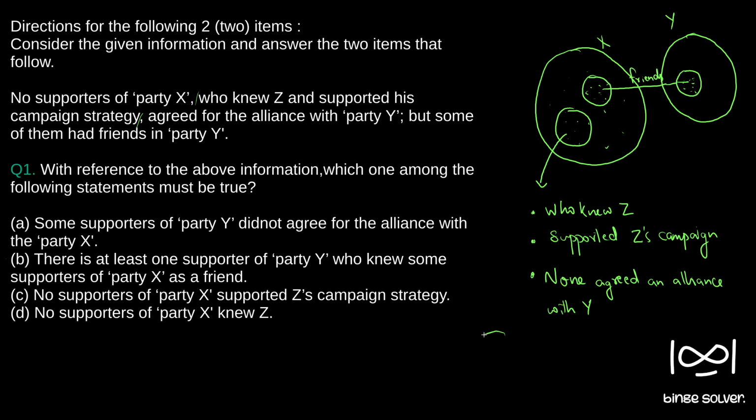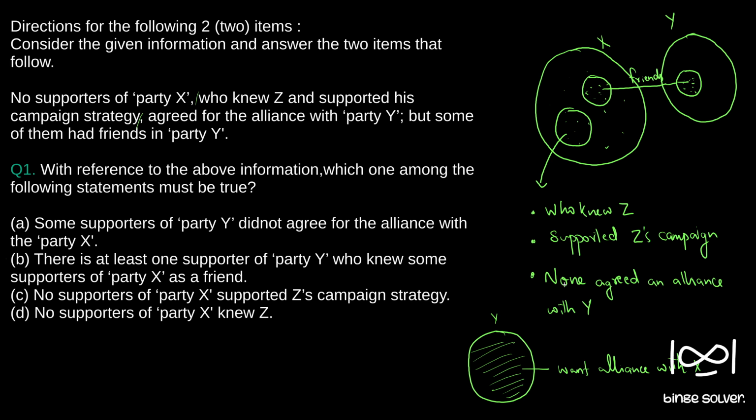Here just remember, let this be party Y. It could be a scenario where all the party members of Y want an alliance with X. None of the information given here contradicts this scenario.